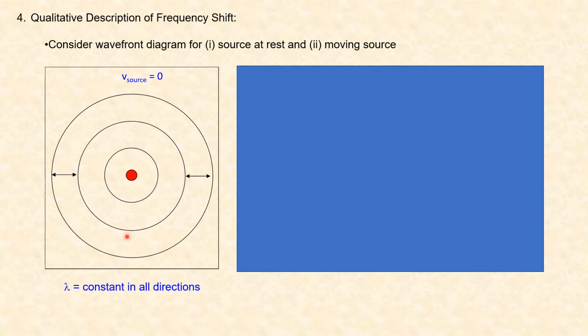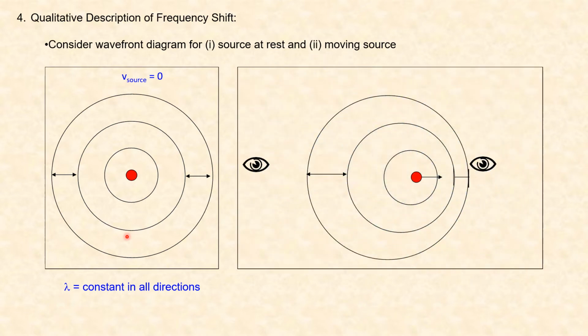The wavelength is constant. Therefore, if the wave is traveling in an isotropic medium at a constant speed, and the wavelength is constant regardless of where you observe the sound wave, then the frequency will be constant as well.